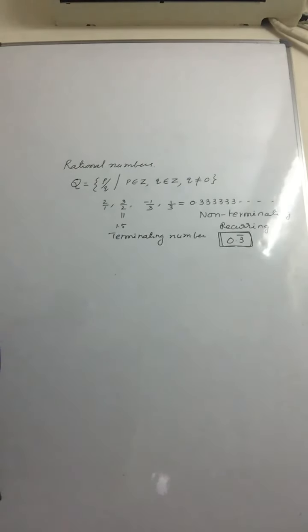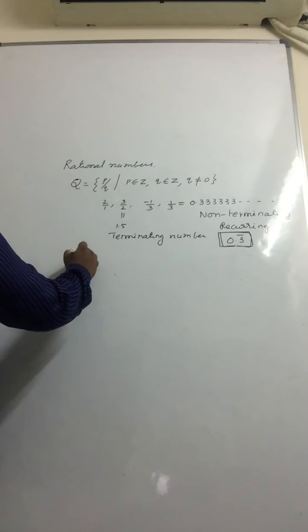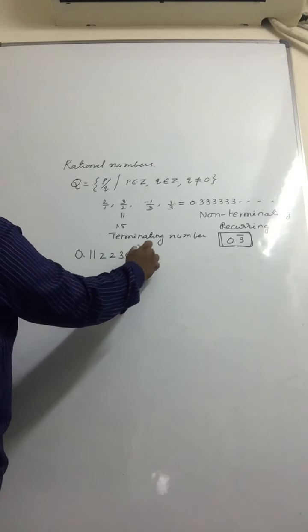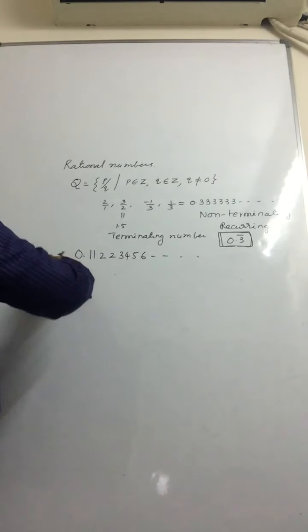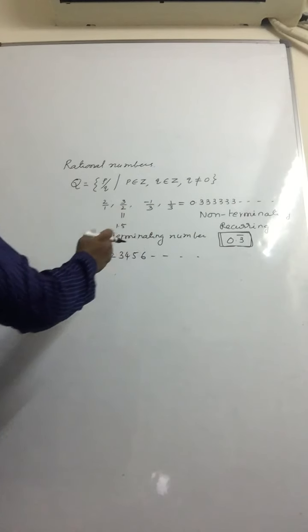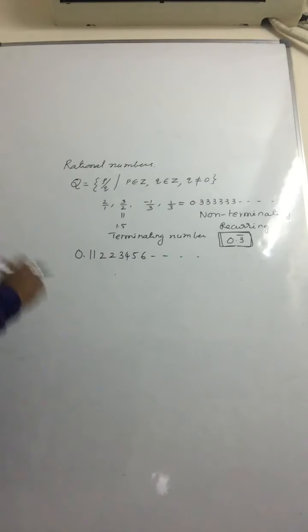But which are not rationals? Take 0.11, 22, 34, 56. Here it is non-terminating, and we are not observing recurring at any stage.